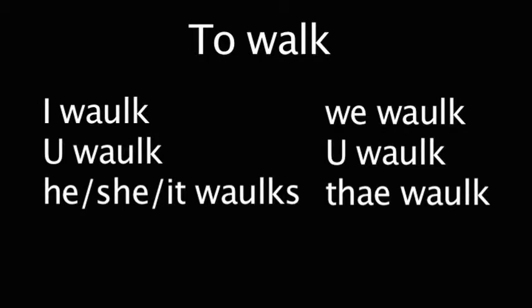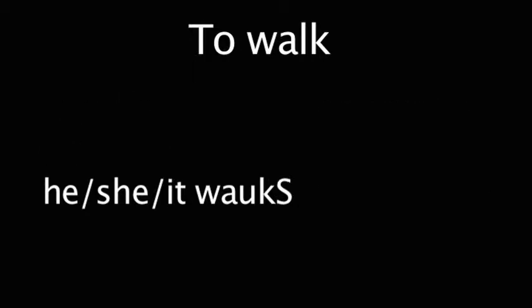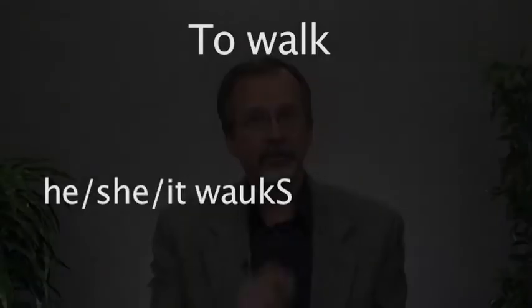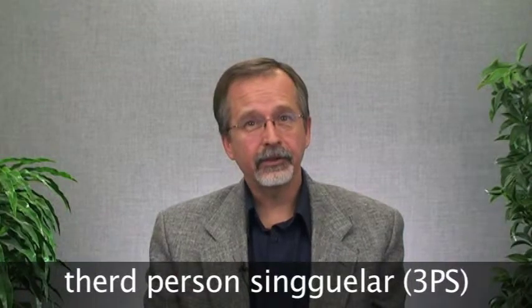Did you notice it only changes in one case? When we talk about he, she, or it, we add an S to the verb. I cook, you cook, but he, she, or it cooks with an S. We call that the third person singular.